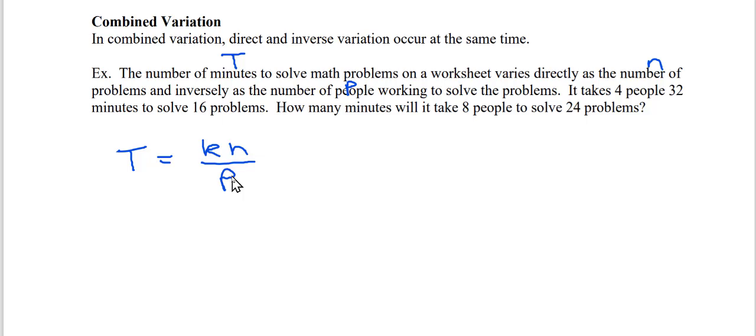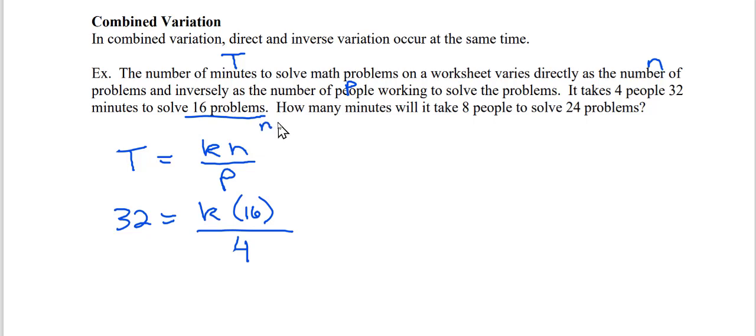It takes 4 people 32 minutes to solve 16 problems. So 32 is equal to K times N, where T represents the number of minutes, N the number of problems, 16 problems, and P represents the number of people. N is number of problems, so that N gets replaced by the 16.